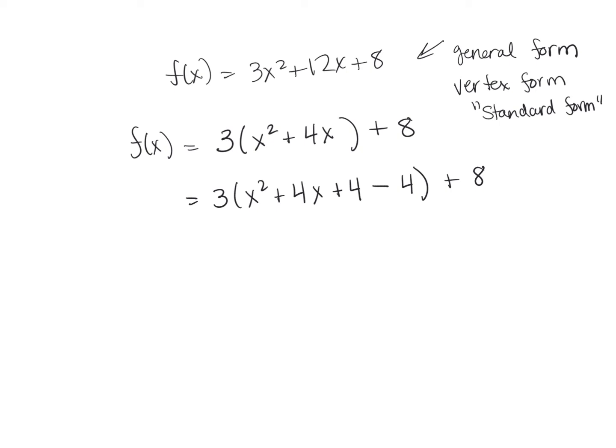Okay. And now I'm gonna complete the square of that part right there. That's the part that I made squared. So 3 is gonna hang out here, and then inside here I'm gonna have x plus 2 squared. This, if I FOIL out, equals that. Minus, there's still 4 here, plus 8.